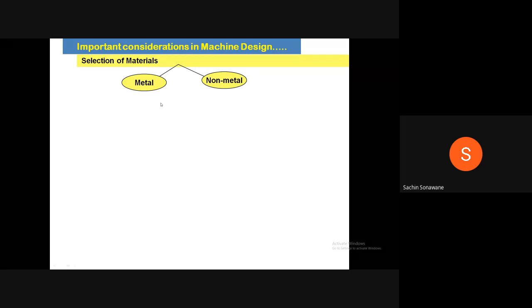Now again, selection of materials. There are two types of materials, metal and non-metal. Again, in case of metal, ferrous metals, that is iron base, and non-ferrous metals.